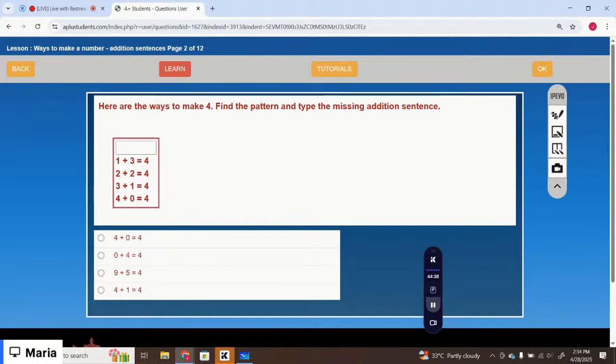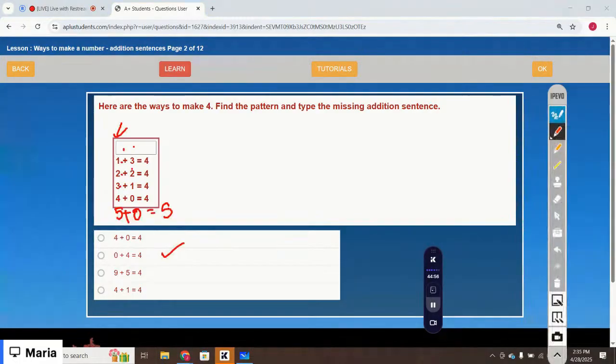Here are the ways to make 4. Find the pattern and type the missing addition sentence. So you need to find a pattern and then you have to find a missing addition sentence. Look at the numbers 1, 2, 3, 4. They are increasing by 1.